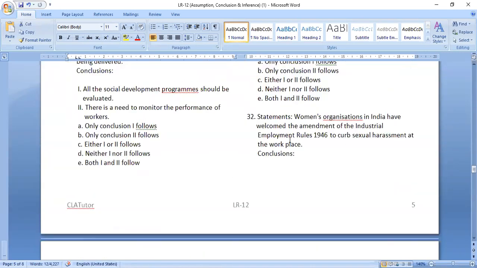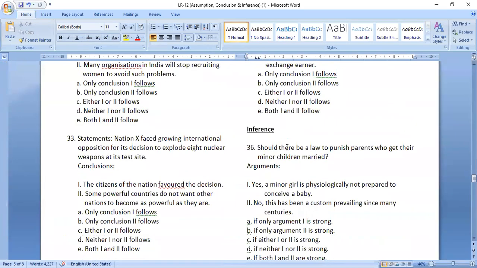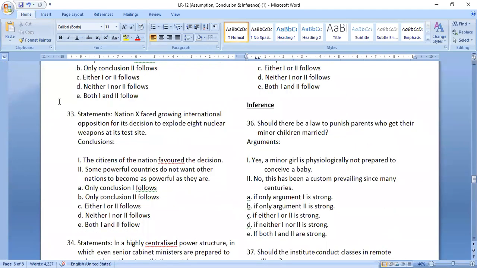If they were so backward, then there was no need to have amended the act itself, right? So I think neither of them follows. It's option D.